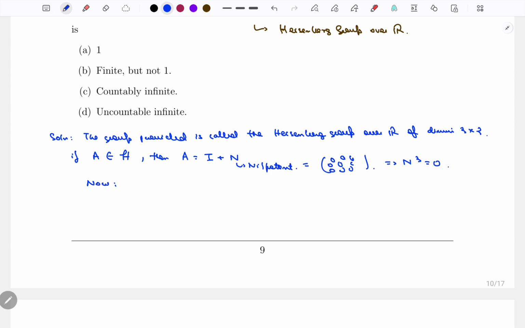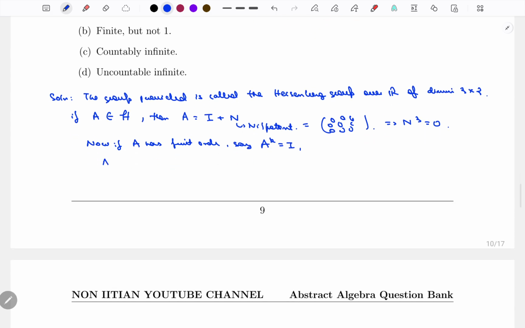Now if A has finite order, say A to the power k is equal to identity, then A to the power k is nothing but (I plus N) to the power k, which will come out to be I plus k times N plus k into k minus 1 upon 2 times N squared, because identity will obviously commute, and the rest of the terms will become 0 because N cubed is equal to 0.